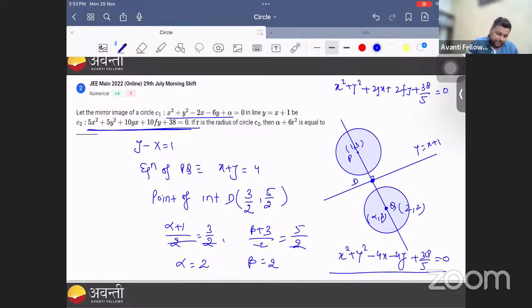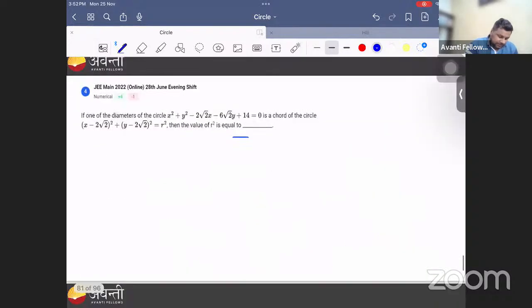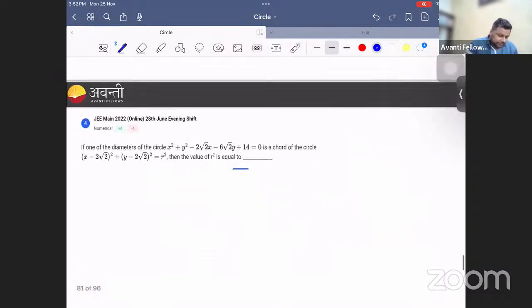Got it? Now let's go. See, there is another question. If one of the diameters of this circle is a chord of this circle, then the value of r square is what they are asking. Am I clear?